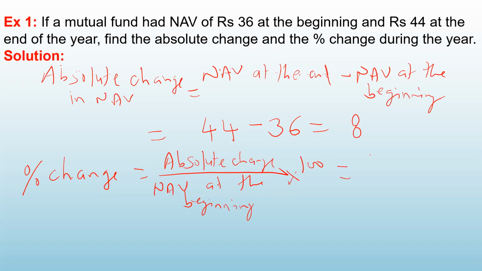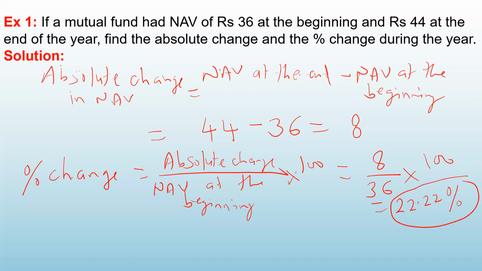What is the absolute change? It is 8. And what is the NAV at the beginning? It was 36. 8 upon 36 into 100 will give you the percentage change. Okay, so calculate this. What we are getting is 22.2. So there is a change of 22.22% in NAV.